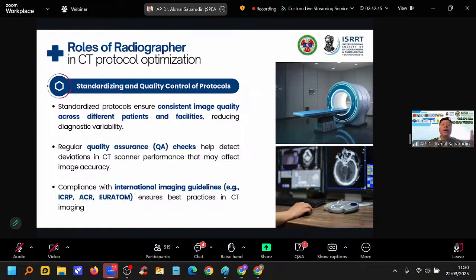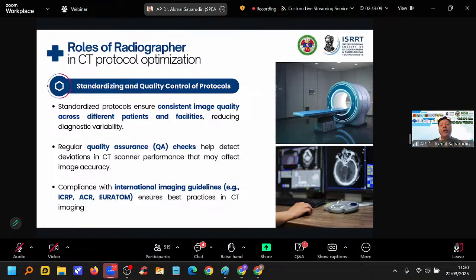By looking into standardized protocol, so they have a standard. This ensures consistency of image quality across different patients and facilities. It can reduce diagnostic variability, because we don't want a lot of variation, especially when we want to decide on one clinical procedure or maybe the same diagnosis.